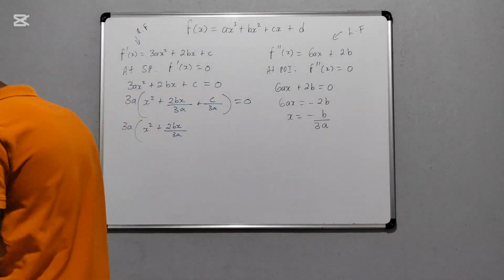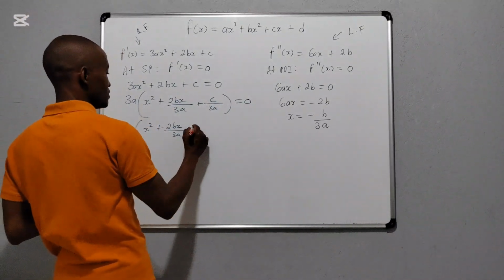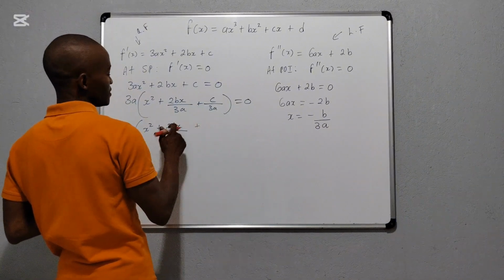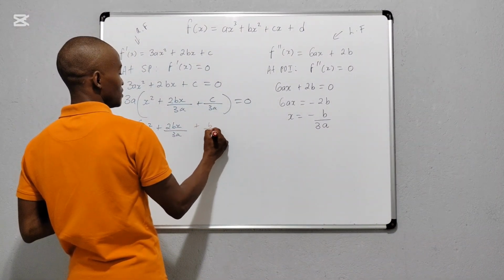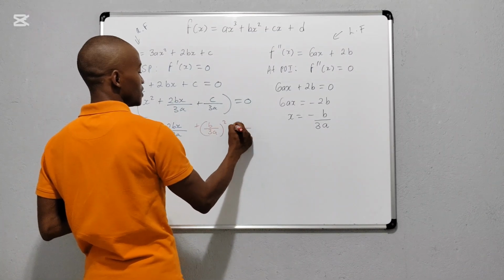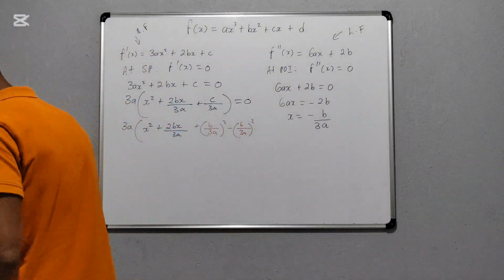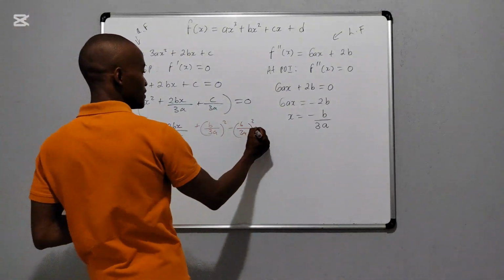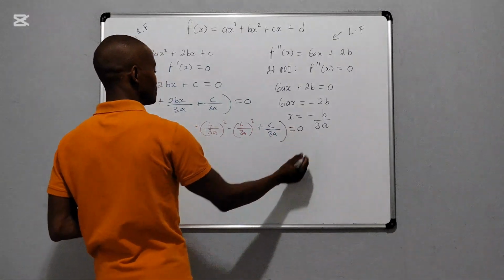Okay, and I'm going to use a different color for that. So it's a half of that, and you square that, so it will be minus b over 3a squared in the brackets there. And we have plus c over 3a that remains.